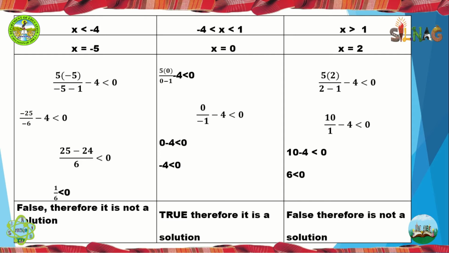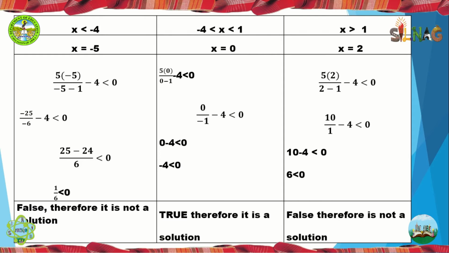Then next, we have the second interval. Let us use 0 as the number which is greater than negative 4 but less than 1. We substitute 0 in the given inequality. 5 times 0 over 0 minus 1, minus 4 is less than 0. 5 times 0 is 0. 0 minus 1 is negative 1.